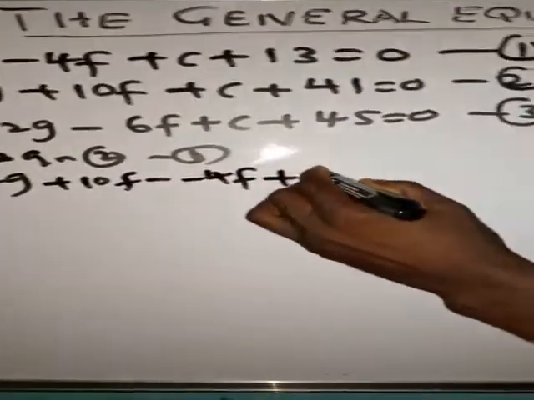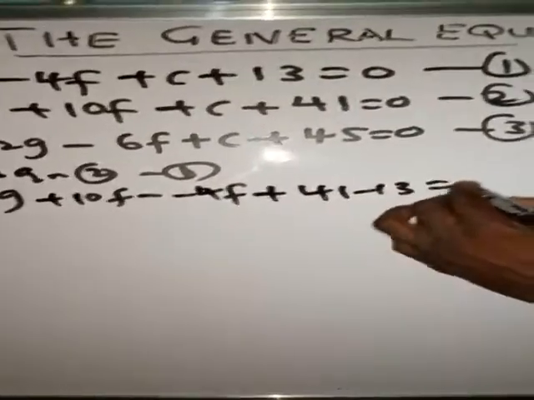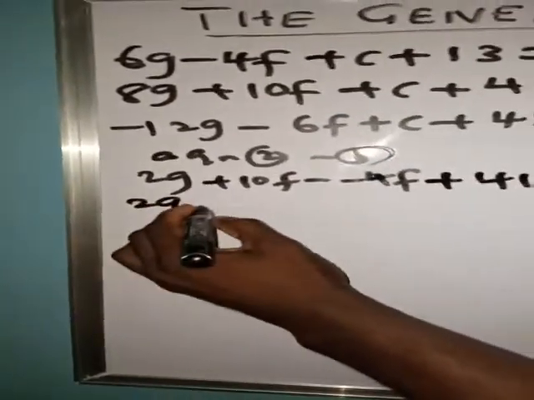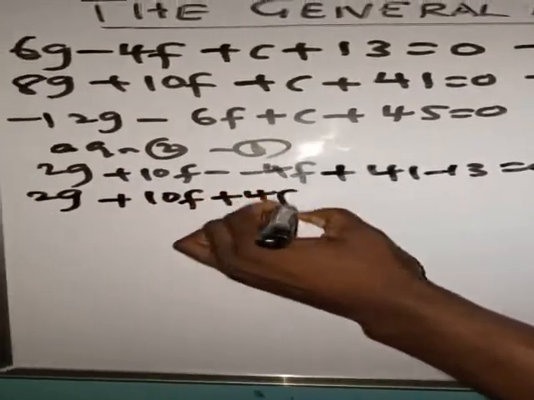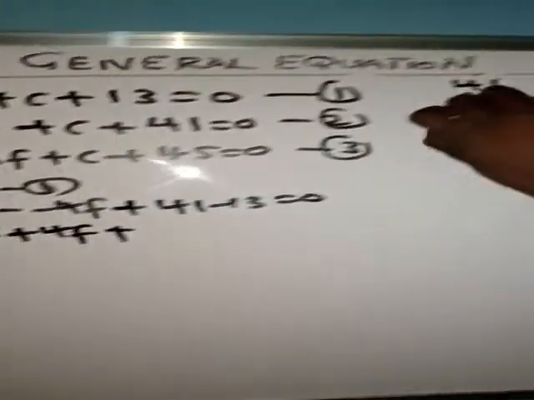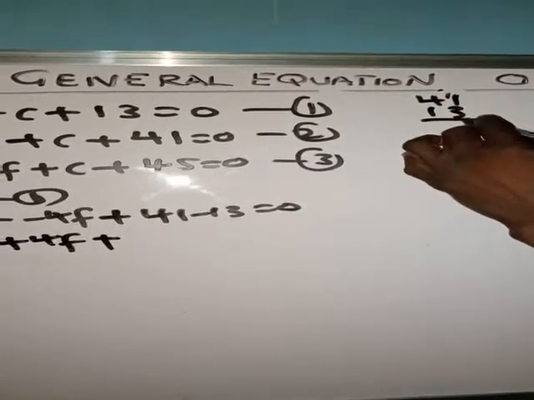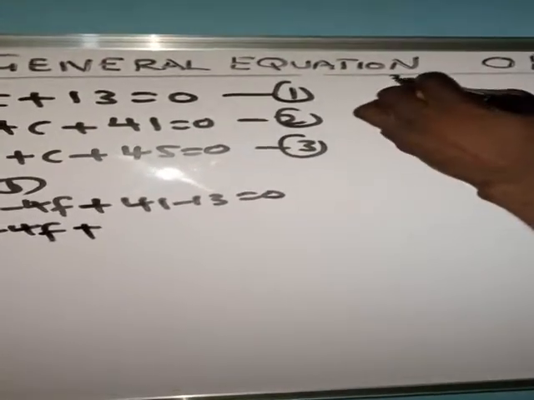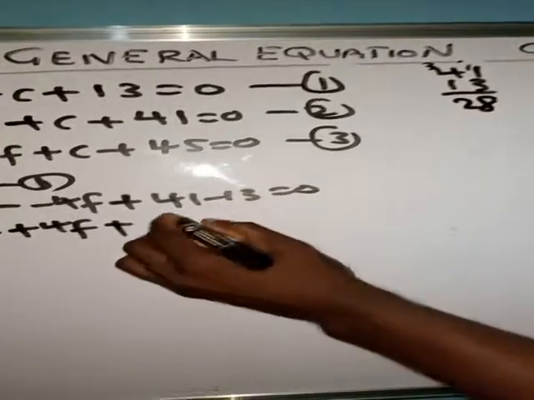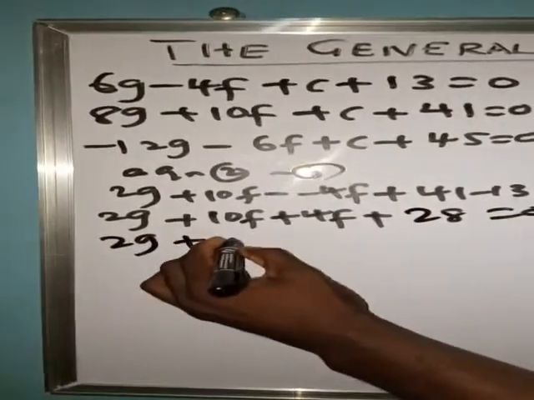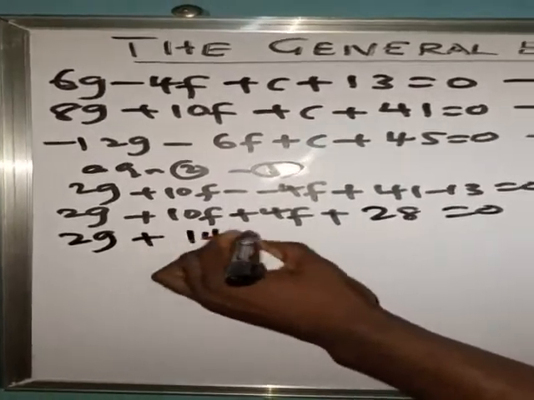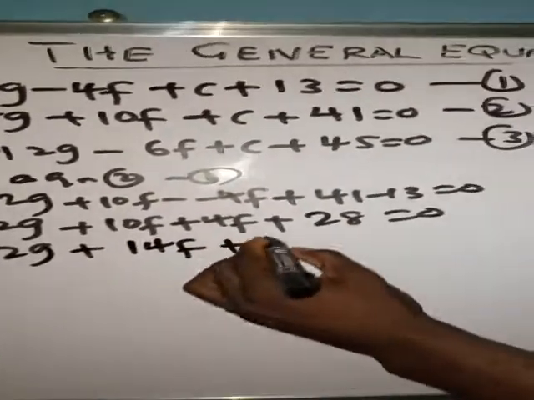Then you have 41 minus 13. So 2g plus 10f plus 4f plus 41 minus 13 is 28, is equal to 0. So 2g plus 14f plus 28 is equal to 0.